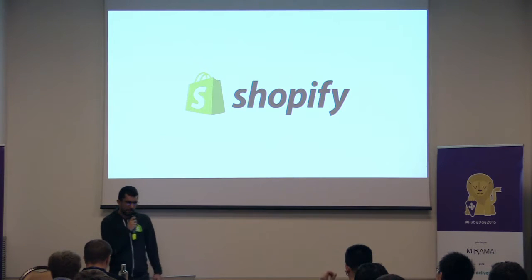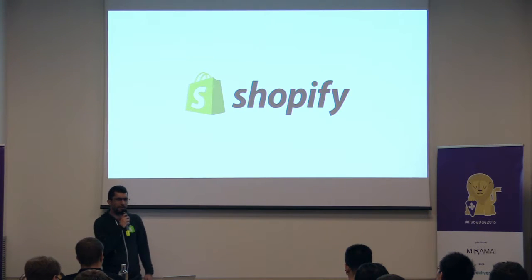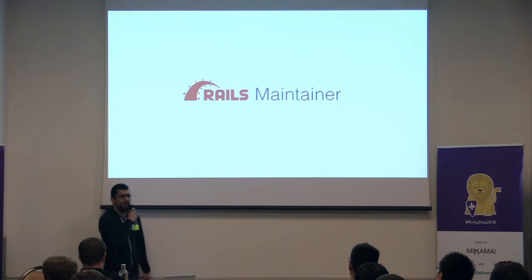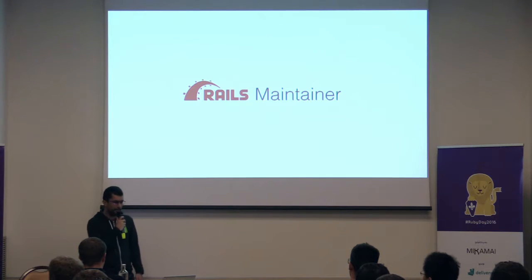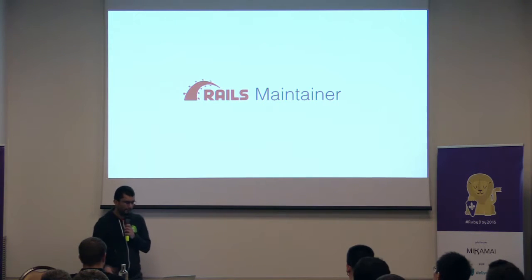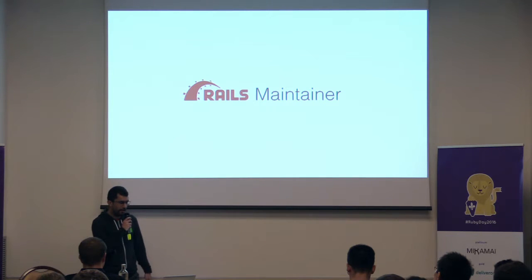And my job is kind of the less exciting of these. I'm the Rails maintainer, the person that releases every single version of the framework. Every single release is made by me, except Rails 5.0.1, which is going to be someone else.